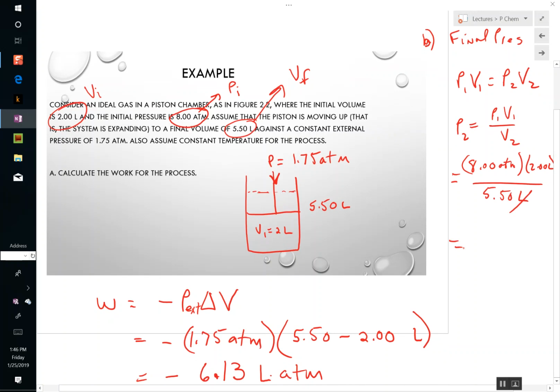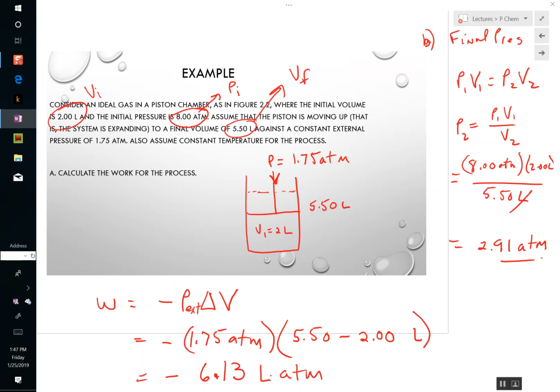What's the answer? 2.91 atmospheres. So its pressure goes down as it's expanding, and that's the work it's doing as it does that.